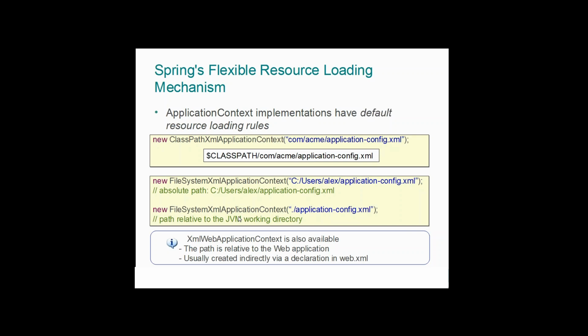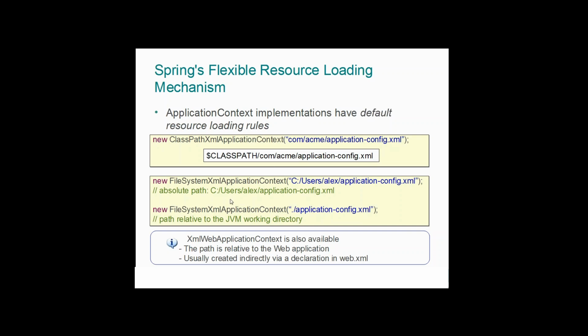Let's say you are launching an application from Tomcat's bin folder, and this application configuration XML file should be there in the bin folder when you say ./. Okay, that's a relative path. So you can choose which one you want to use accordingly.